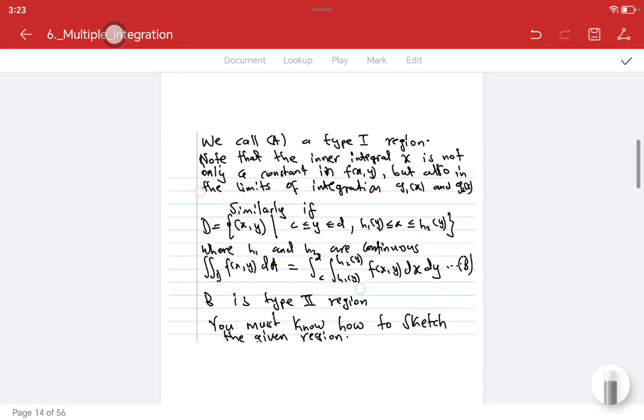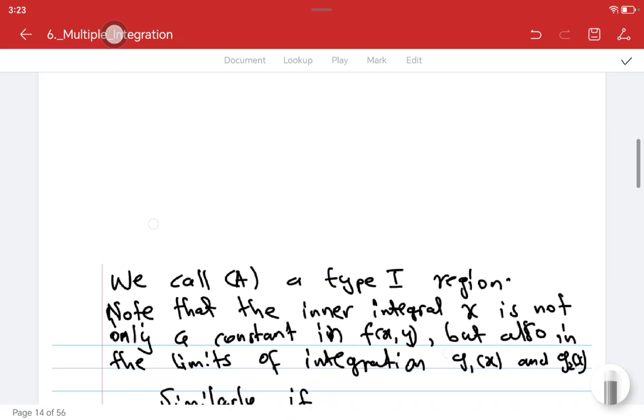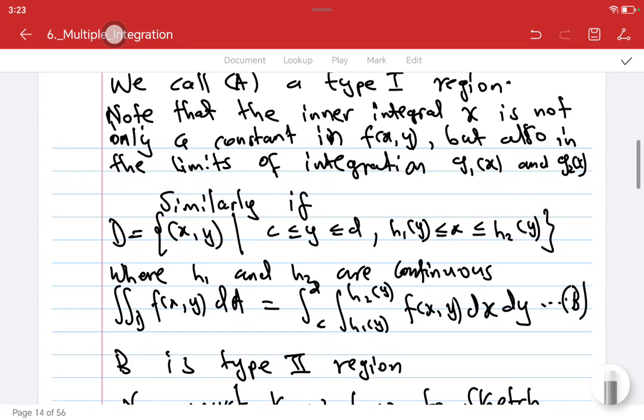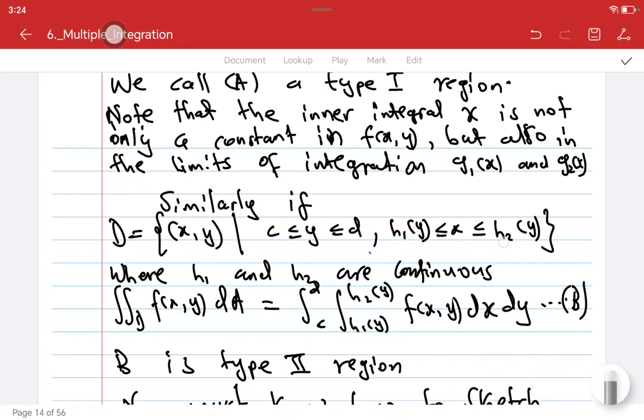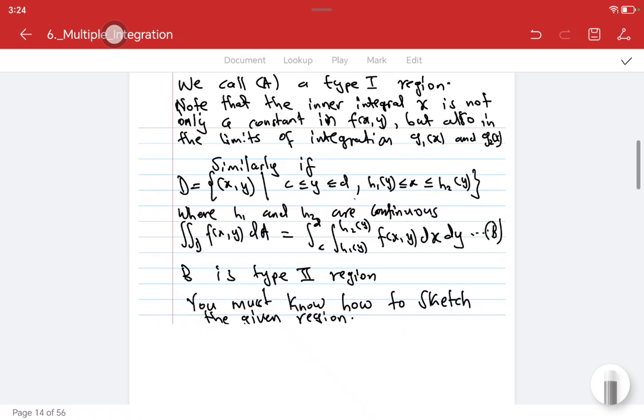So when we look at type 2 region, type 2 region is just y on the interval. You see right now, that is a type 2 region. The moment you see y on the integral, you must know that this is type 2 region. So it's not that difficult. Here we're only going to focus on type 1, type 2.